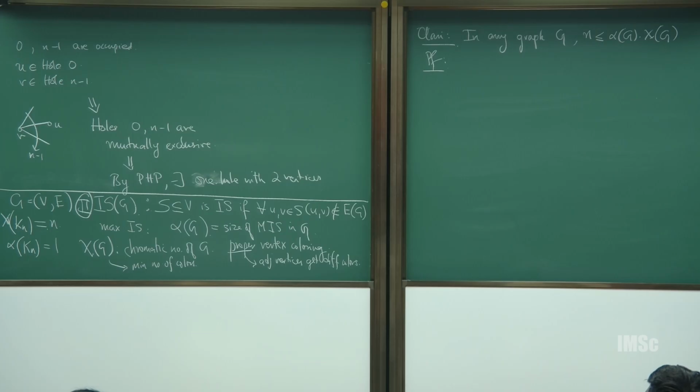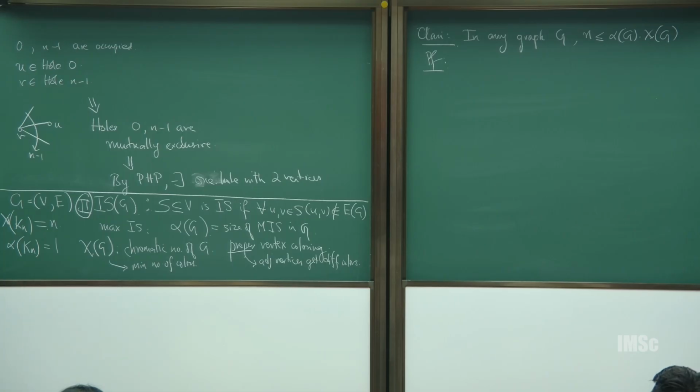You have to try and use the pigeonhole principle, right? At least that should be clear. So what is a coloring? It's giving every vertex a color.